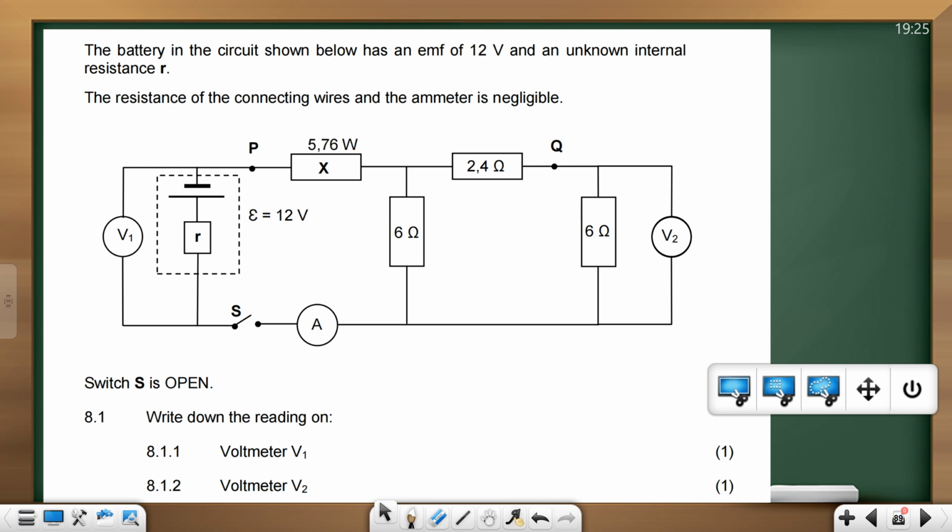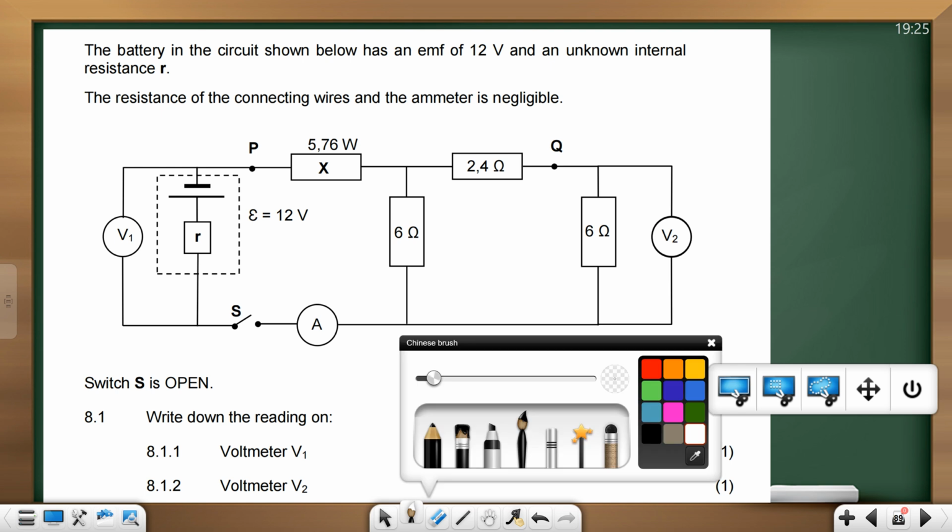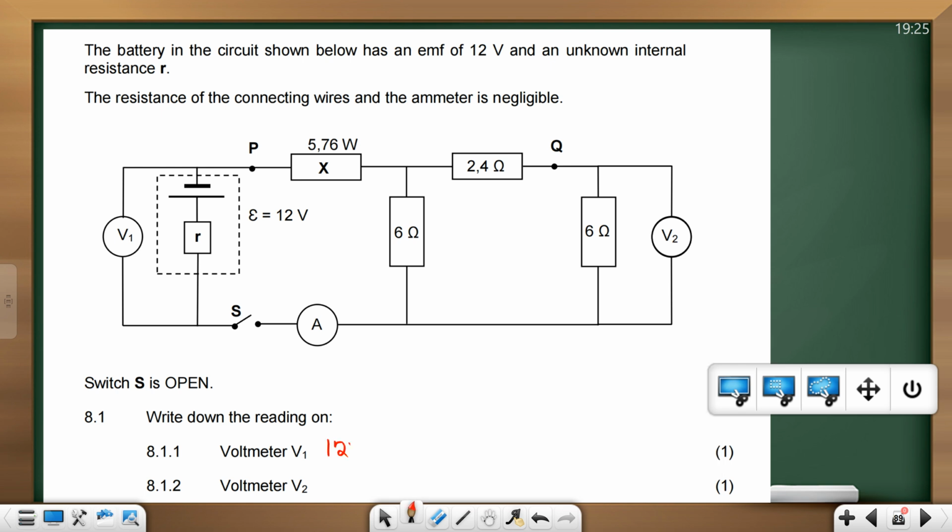When switch S is open, always watch the switch. If it's the main switch, this is the main switch. What is the reading on V1? When the main switch is open, we measure EMF. What's the EMF? 12. So my answer here is 12 volts. What about V2? There's no current in the circuit, so the voltage is 0.